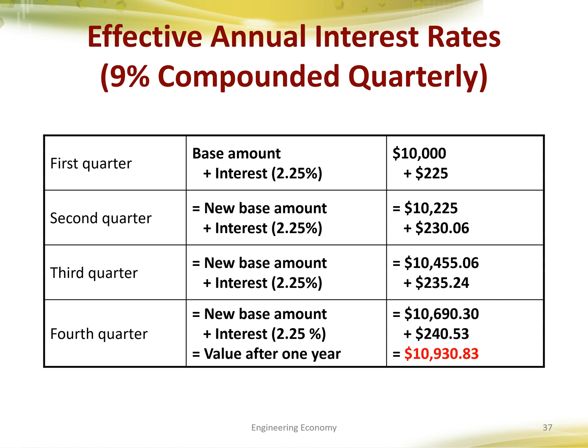10,225. So for the second quarter, again, you will get this 2.25% interest rate, and you get its corresponding interest based on your new principal, 10,225. So the interest becomes bigger than 225, and you continue doing that for the remaining two quarters. In the end, you get 10,930.83.